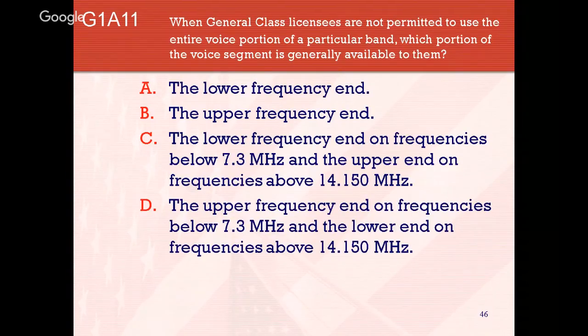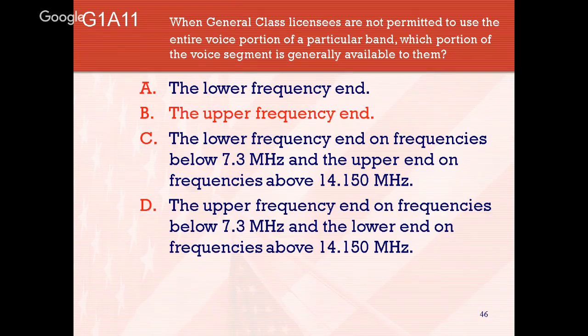When the general class licensees are not permitted to use the entire voice portion of a particular band, which portion of the voice segment is generally available to them? Let's read that again. Now, remember, when it talks about the top of the band, we're talking about the upper region of the entire band.